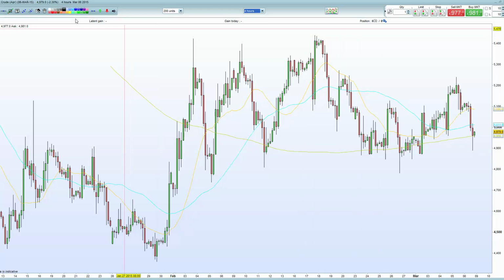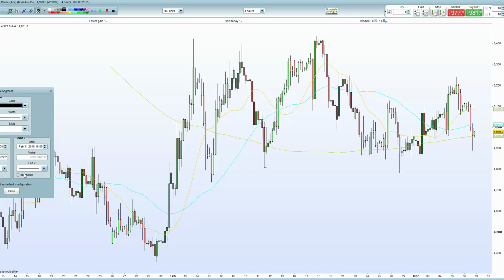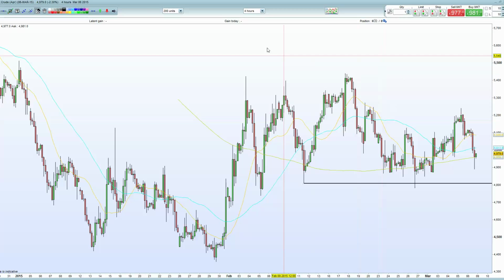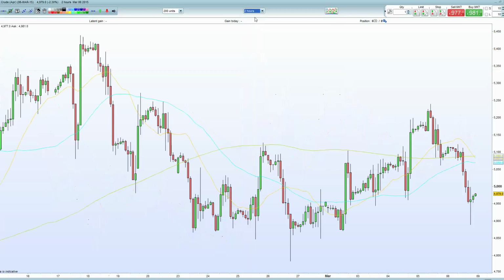So again, you are into support with regards to oil, so therefore one would argue you're into support with regards to the actual markets as well. So let me just draw this 1 second. Okay, so just do an extension across, set as default. Okay, so again, we're into support, so one would argue you are looking to potentially move higher. Okay, that's basically how I read things and I understand things.